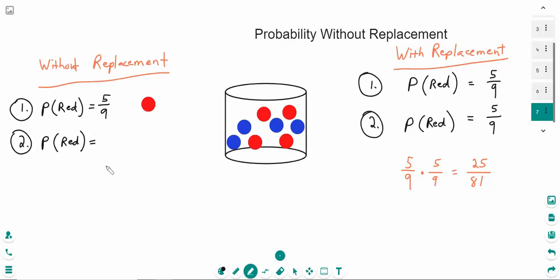I have to pull out 2 reds, and I succeeded in pulling out 1. What's the probability of pulling out a red a second time if I do not put this marble back into the jar? That's going to affect this second experiment, because now there are fewer red marbles to take. We've already pulled one out.